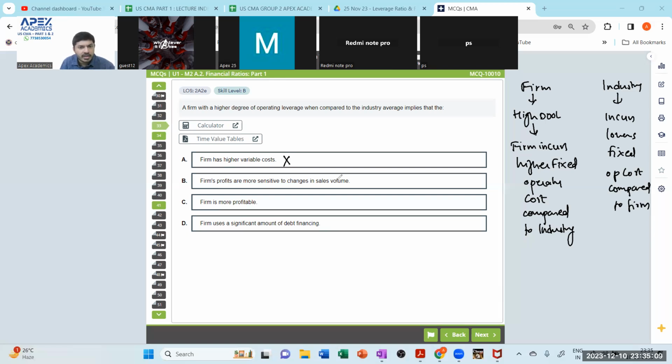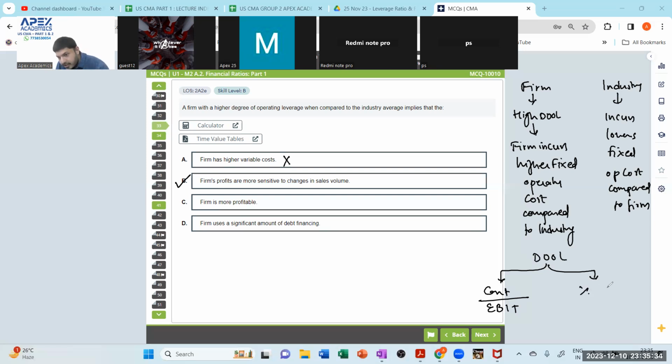Firm has higher variable cost? No. Firm's profits are more sensitive to changes? Yes. Why? Do you remember that DOL has two formulae? First is contribution upon EBIT. What is the second formula of DOL?